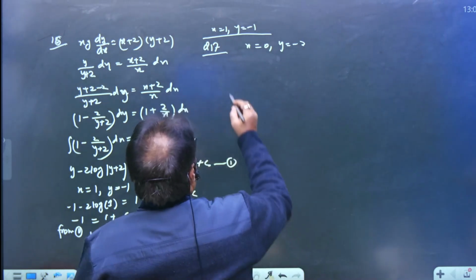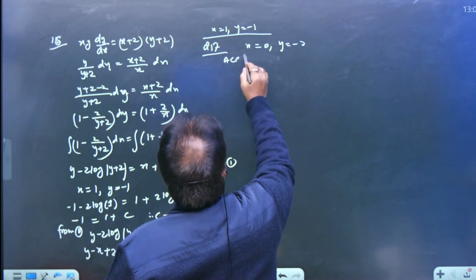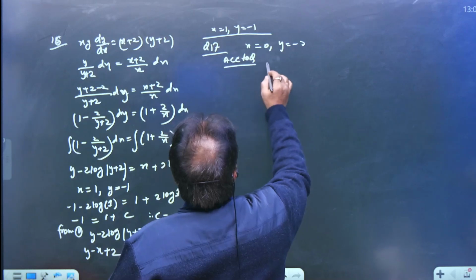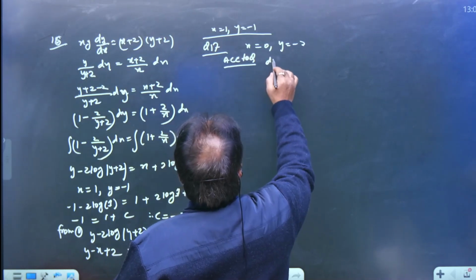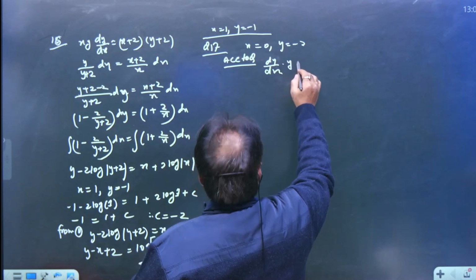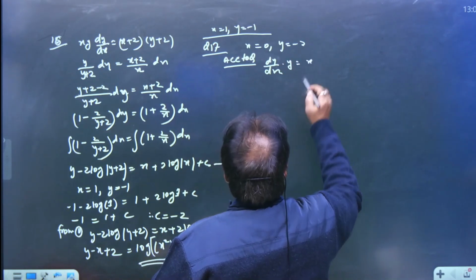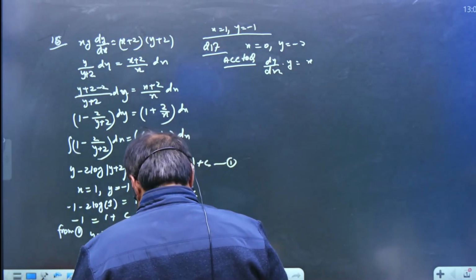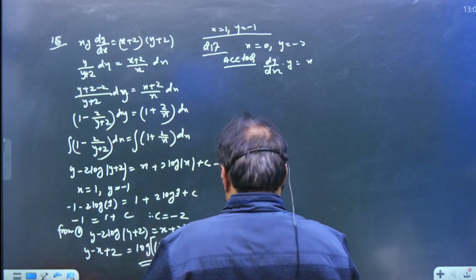Okay, so according to the question, the product of the slope of tangent dy by dx into the y coordinate is equal to the x coordinate, right? So this is the slope of tangent.